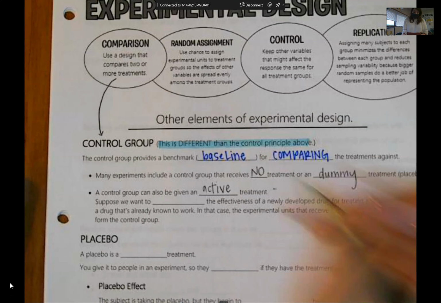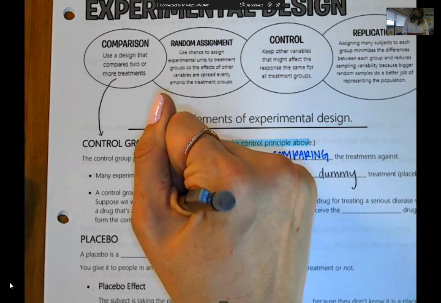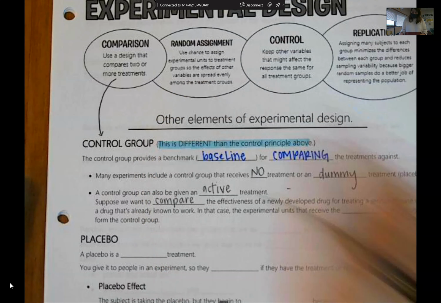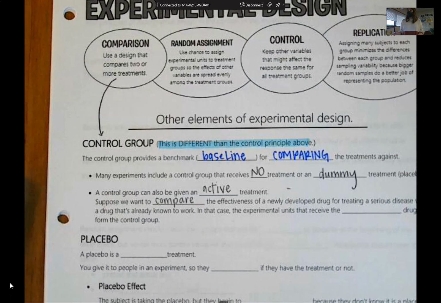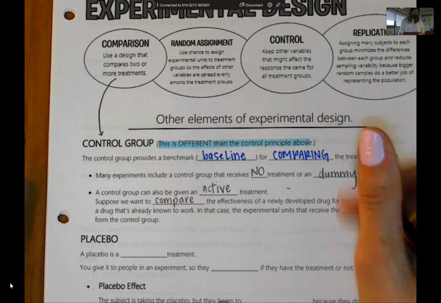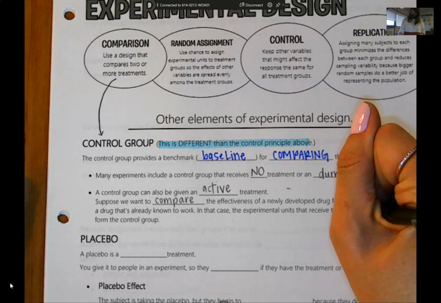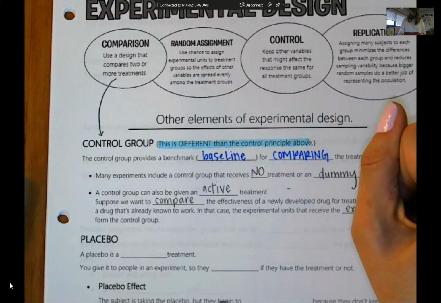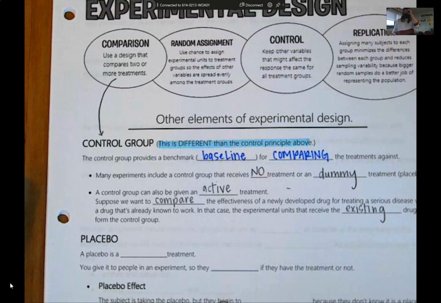So suppose we want to compare the effectiveness of a newly developed drug for treating a serious disease with a drug that is already known to work. In that case, the experimental units that receive the existing drug are the control group.